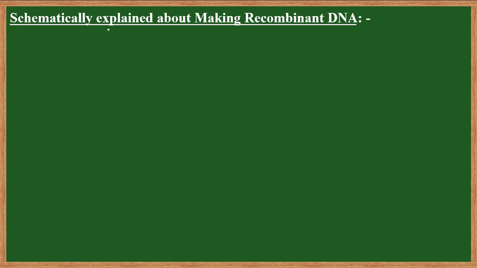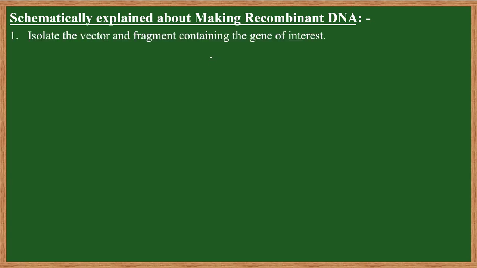Now we will see schematically how rDNA is made. How do we form rDNA? First, we isolate a suitable vector from the host cell, and second, we need the gene of interest.